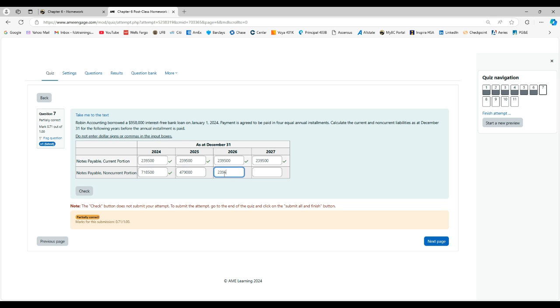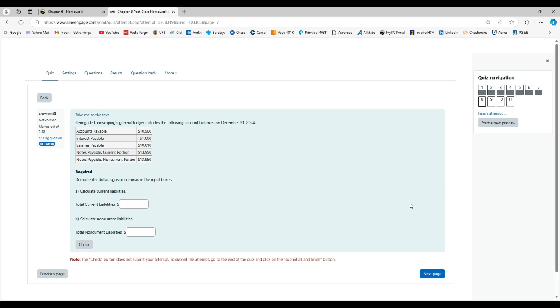So half of what's left is current, and half of what's left is non-current. In other words, this half will be paid this year, and this half will be paid in the future year. So then when we get to the end of that next year, this portion is going to be paid the next year, and there's nothing beyond that because that's the total. So that problem's okay. It's a little confusing because they didn't give you exact pay dates and all that kind of stuff.